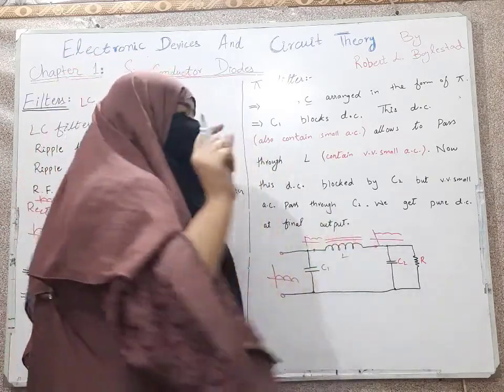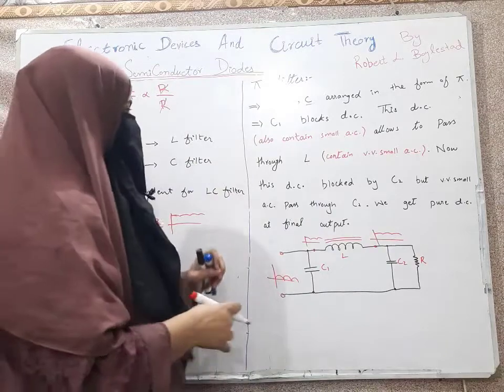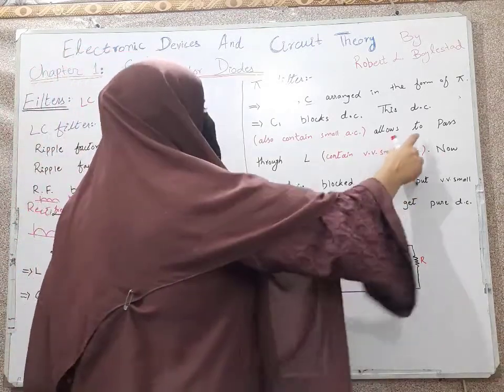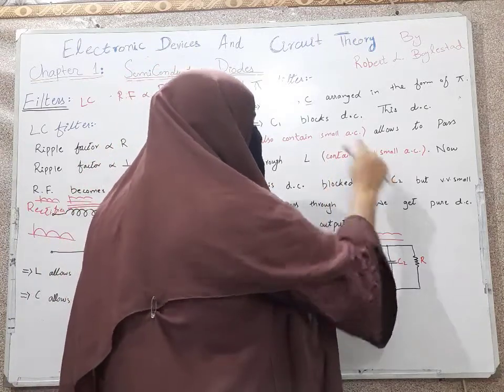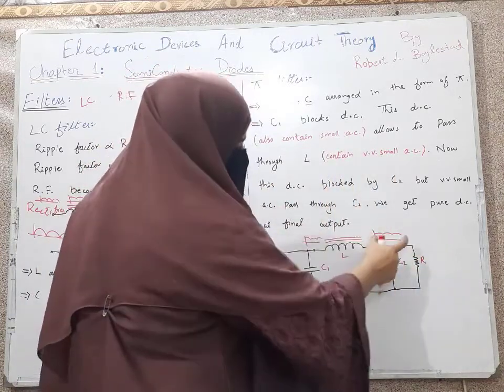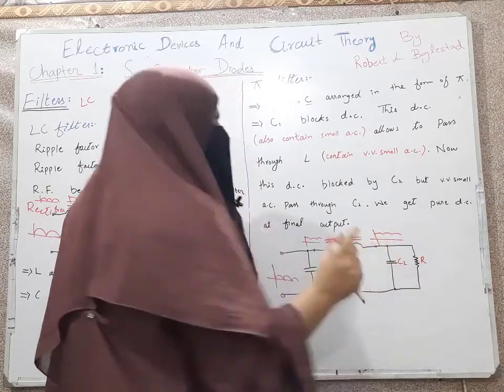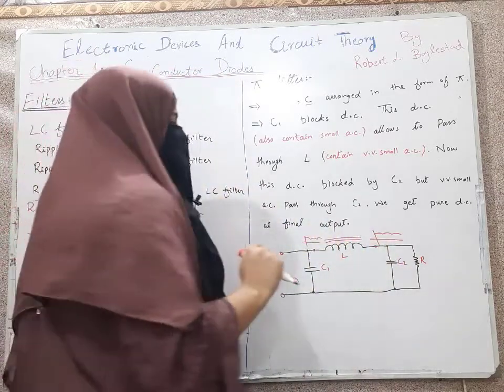Now our ripple factor will be very low at this point. Passing through the inductor, it will contain a very small amount of AC component, as you can see here.